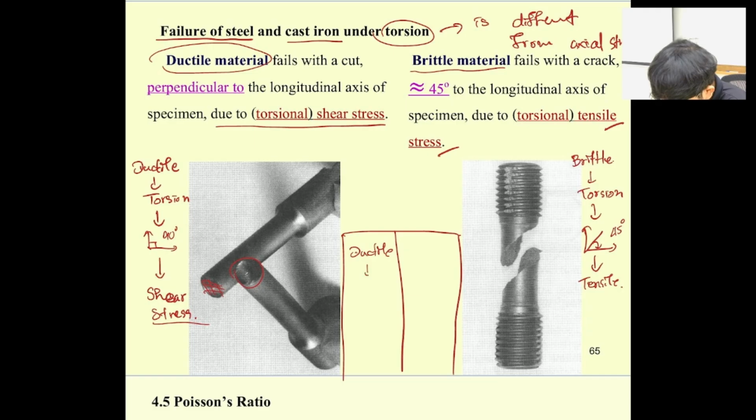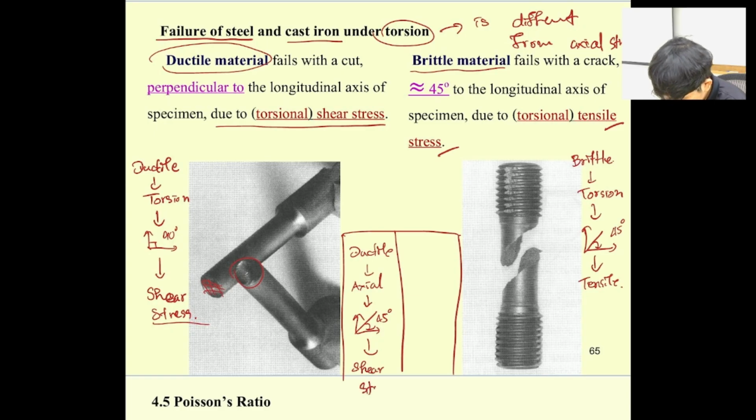Ductile, if I apply the axial force, it can be compression or tension. It is going to produce a 45 degree failure for steel, and it failed by shear stress.